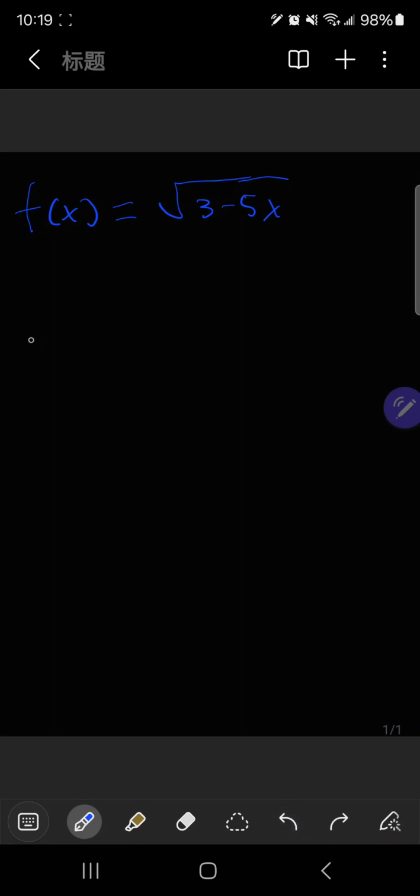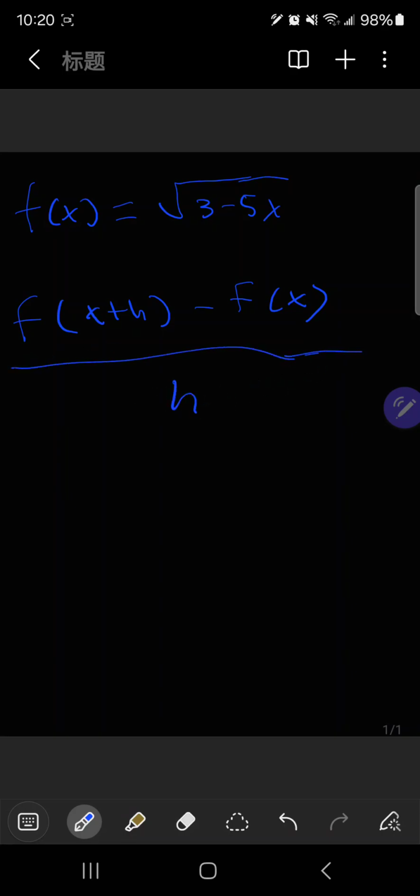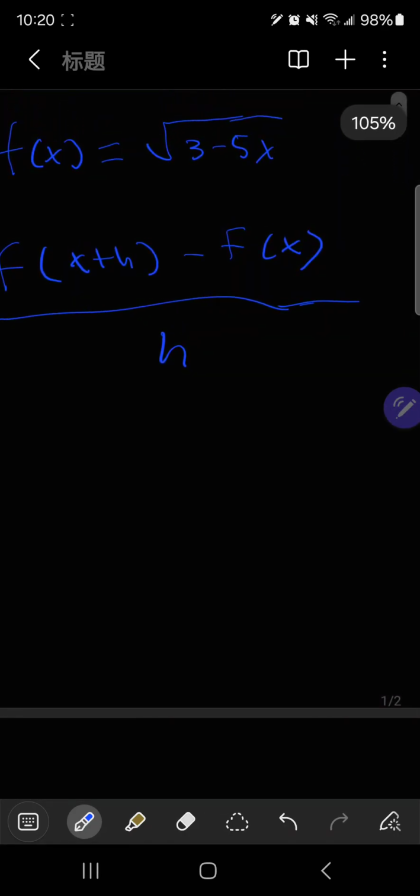To find the derivative, it's f of x plus h minus f of x all over h. So that's what we have for the original derivative.